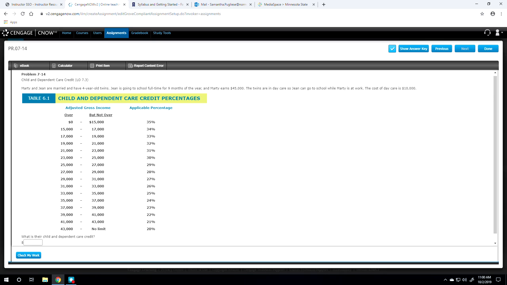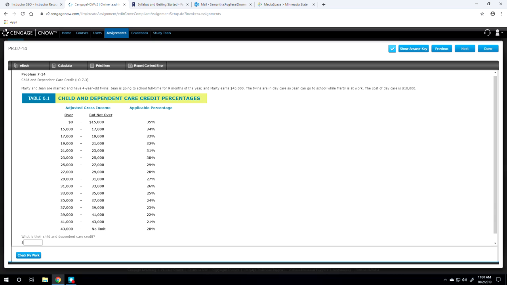And then what we want to do with that $4,500 is multiply it by their percentage. So $4,500 is the maximum amount of costs that get to be considered. So they don't get to have the full $6,000 like they normally would have for 2 children.